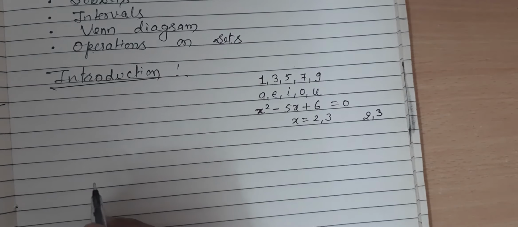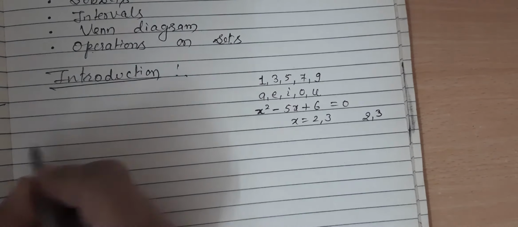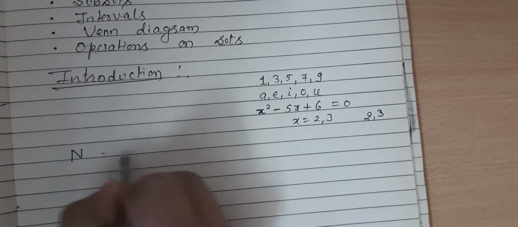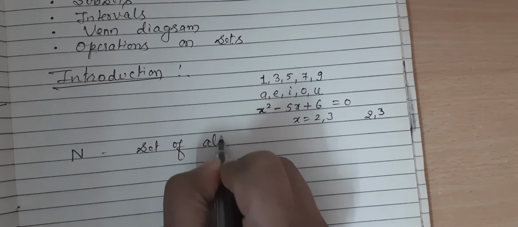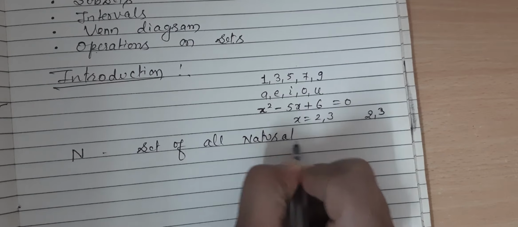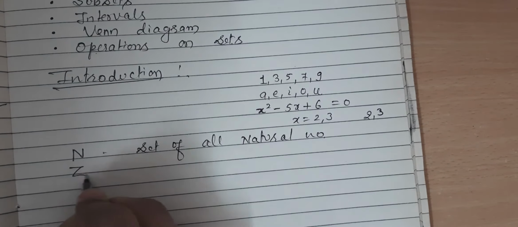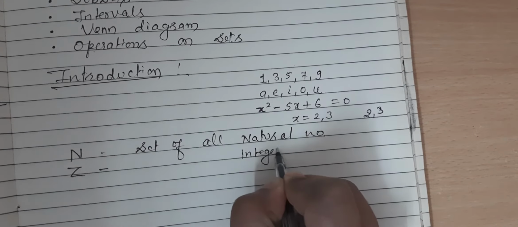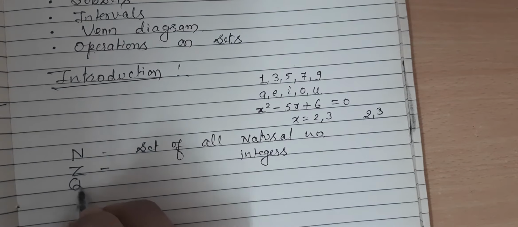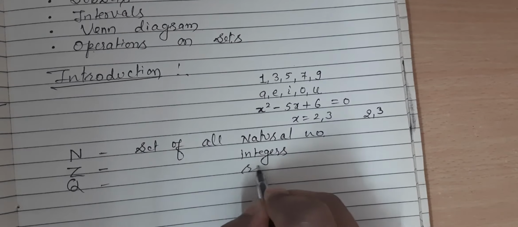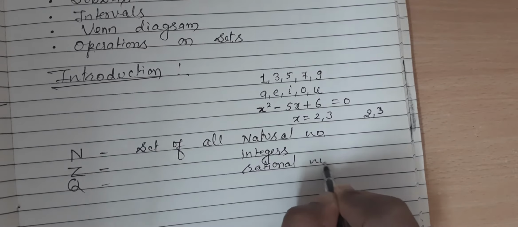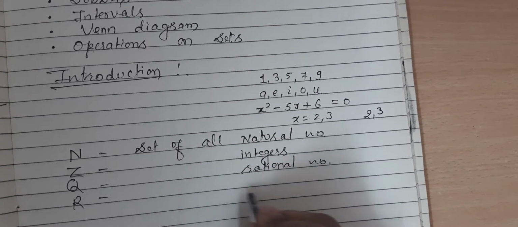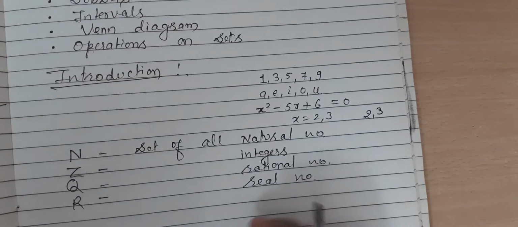In mathematics we have sets with particular symbols. If we write capital N, this represents the set of all natural numbers. Z represents the set of integers. Similarly, Q represents the set of rational numbers, and capital R represents the set of real numbers.